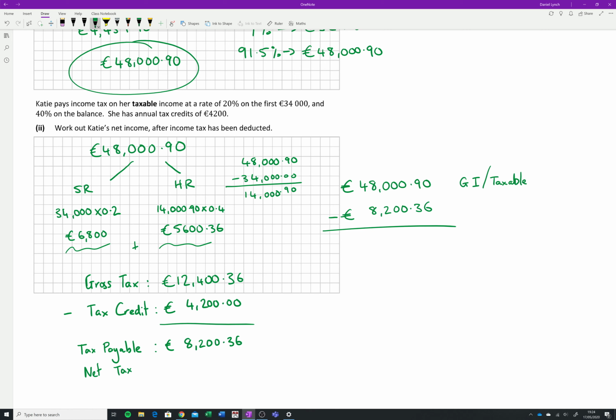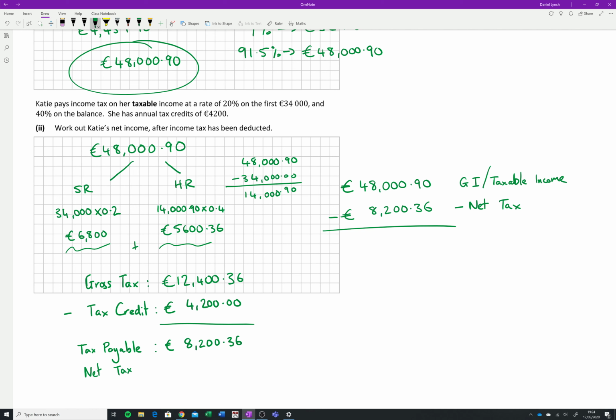It would normally be known as gross income, other than the fact that they muddled it up with a bit of pension stuff in there. So taxable income was that. We subtract off her net tax, or how much tax she actually has to pay. So what was that? Just making sure I have the number that I need on the screen.